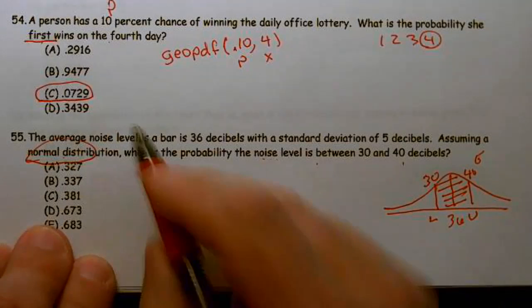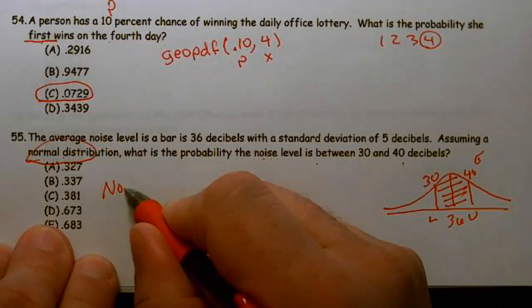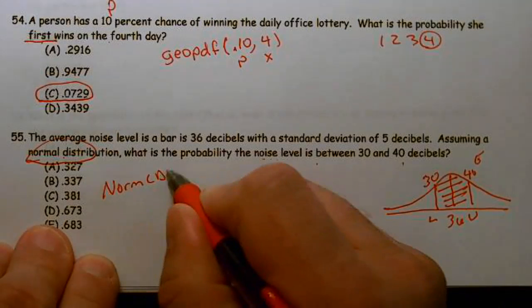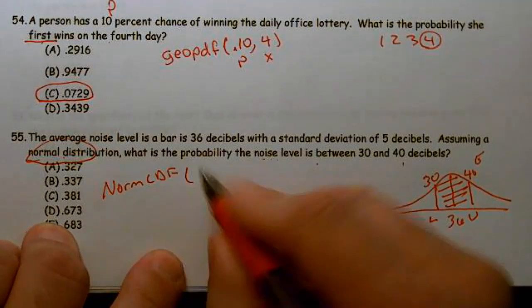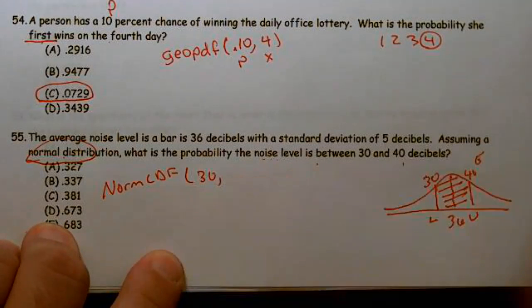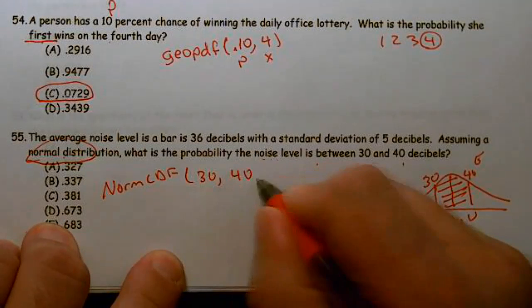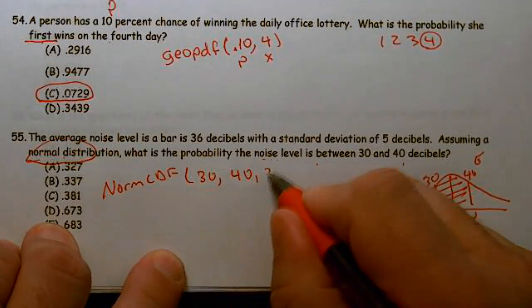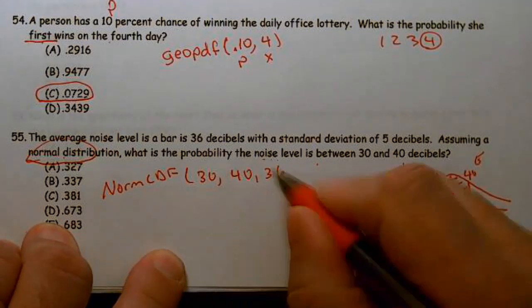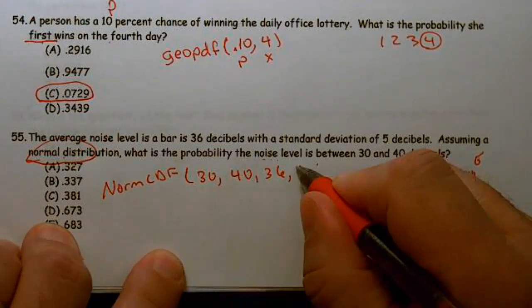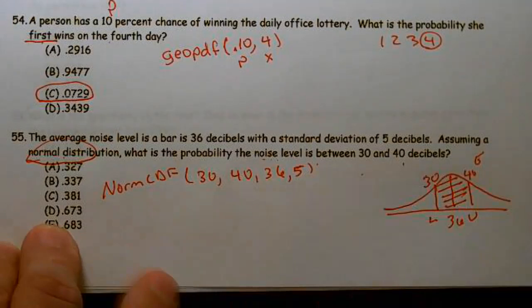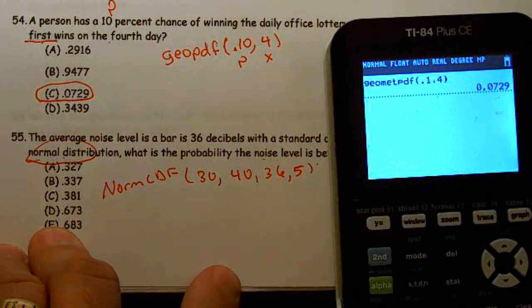Because it's a normal distribution, this makes this a norm CDF, lower 30, upper 40, mean 36, standard deviation is 5. Once again, all of that's on the calculator, so let's check it out.